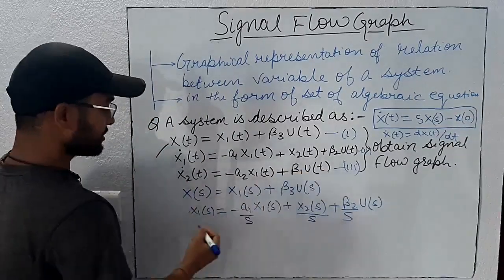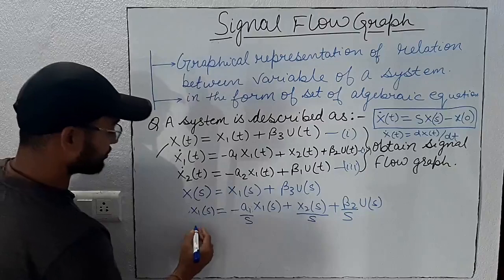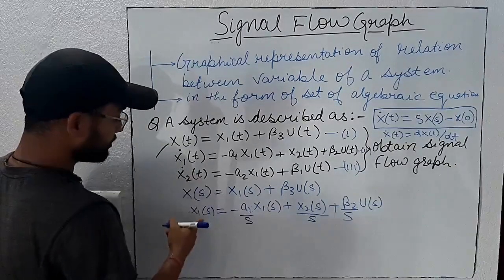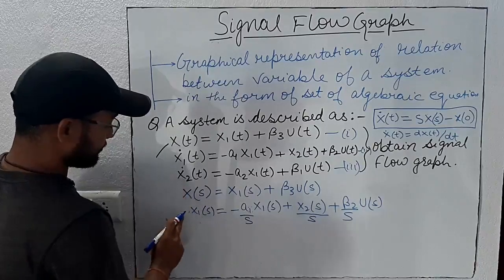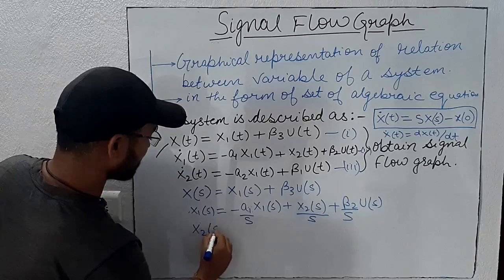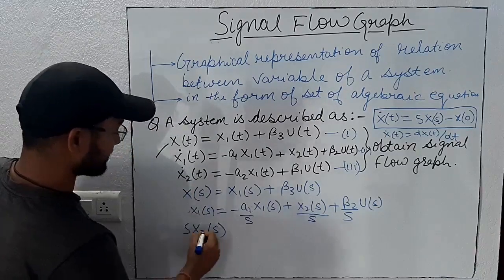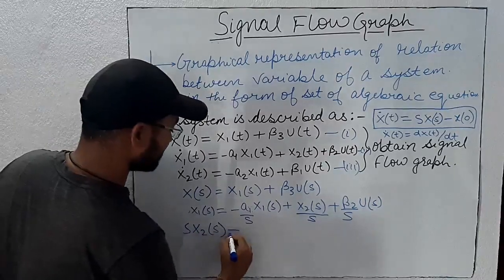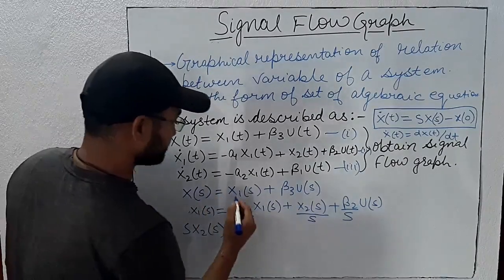Now we will write the Laplace transformation of the third equation. Again x2s will come like this, and we take s to the right hand side. We will write x2s, and we will ignore x0 because there is nothing given about the initial condition in this question.